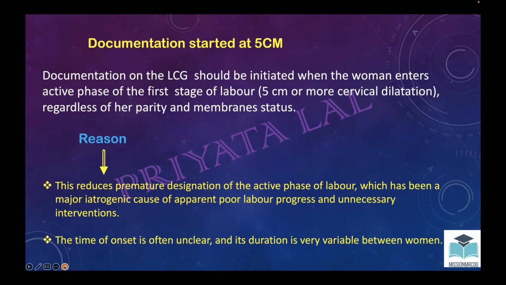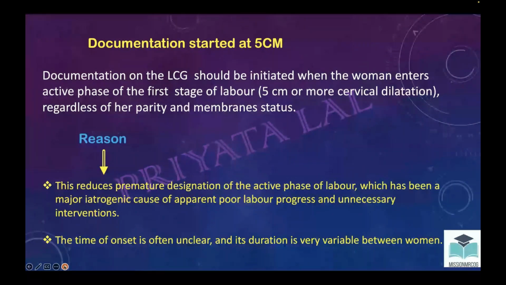Apart from this, what is the reason why there has been a change and shift from 4 centimeters to 5 centimeters? Because this would reduce premature designation of the active phase of labor, which has been a major cause of iatrogenic poor apparent labor progress and unnecessary interventions. And the time of onset is often unclear, so duration is variable between women.